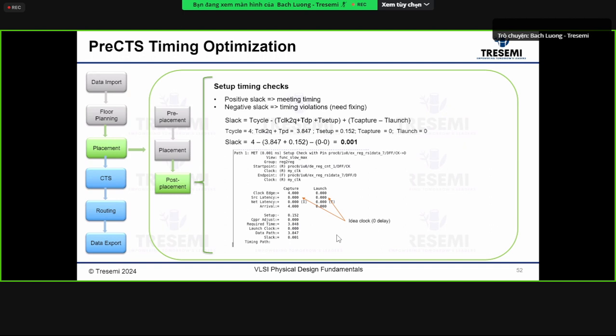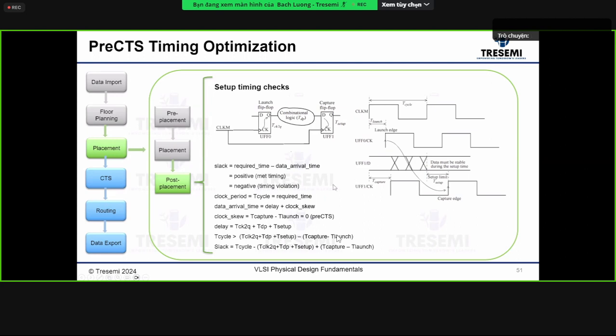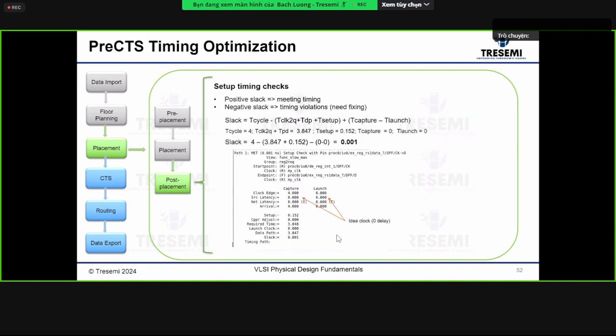It's probably a little confusing at the beginning, all these numbers, but that's how this is being calculated, based on this waveform and this formula. So let's digest. This is a reg-to-reg path group.